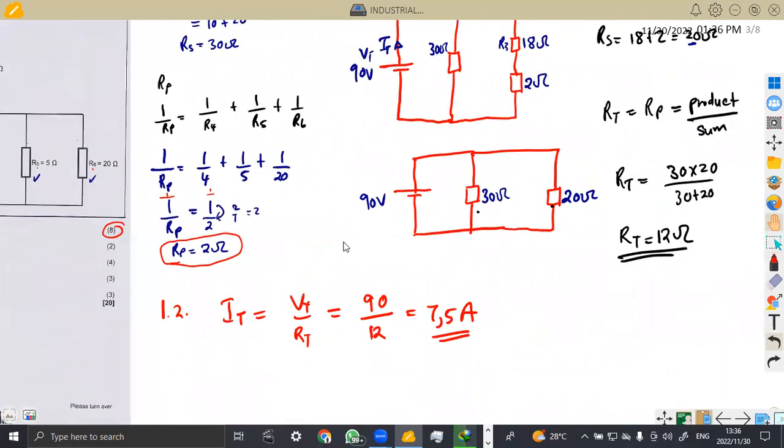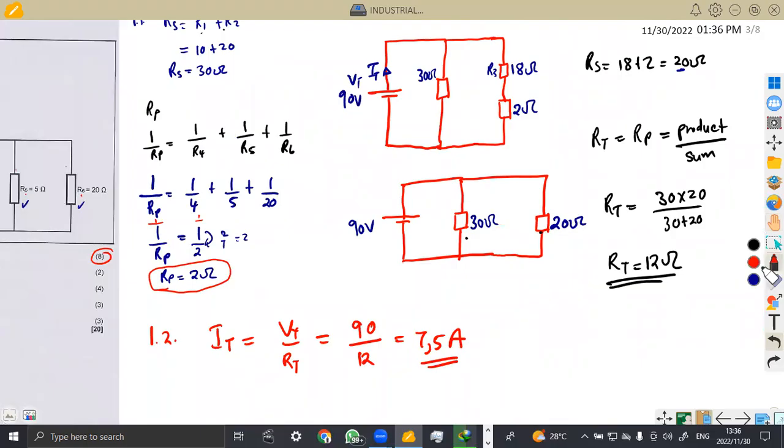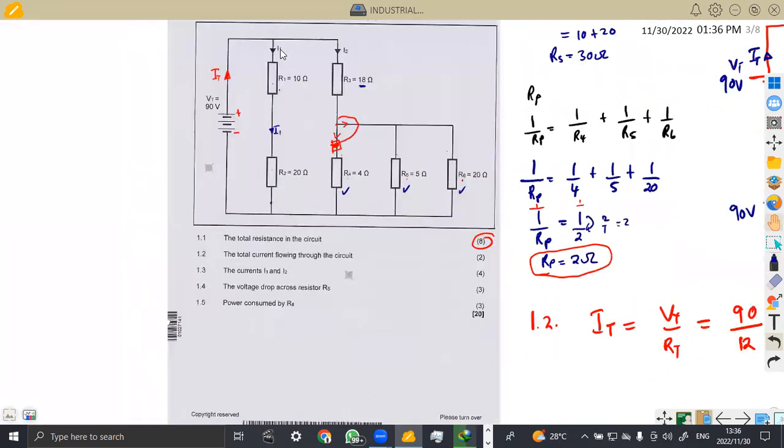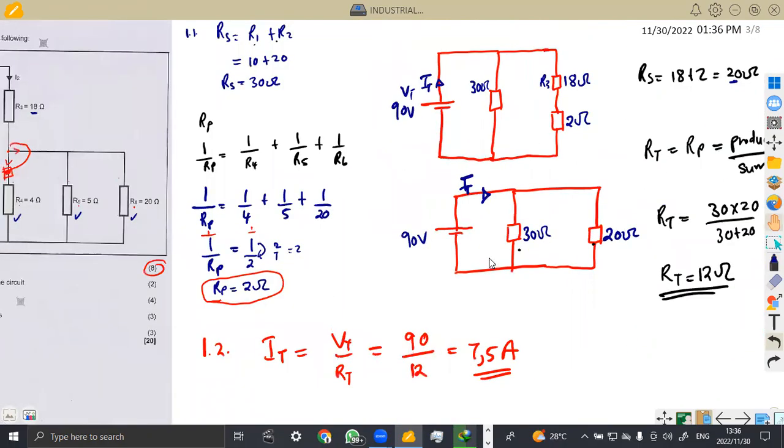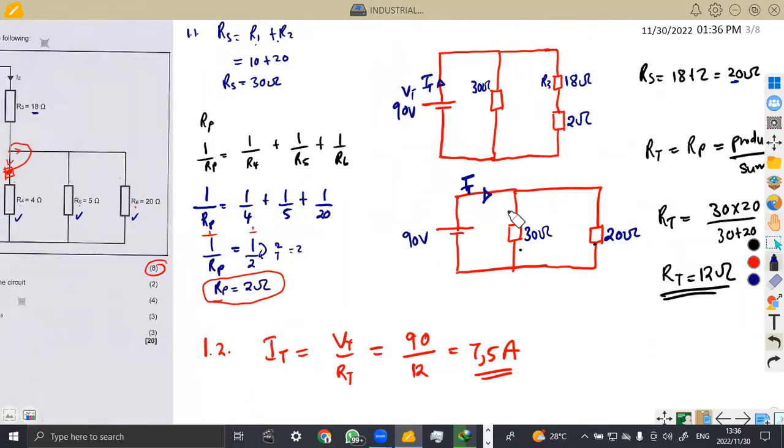All right, on this diagram here, this is what is happening. Remember, we combined these resistors. We now have our total current here. This is our IT. On the 30 ohm, this is where our first current is flowing, which is I1, in the 10 ohm and 30 ohms. So I1 is not going to change. It's still at this point. So this is where we have our I1, and this is where we have our I2.